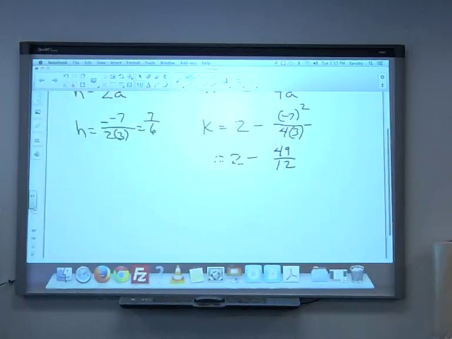Well, we have fractions, and everybody in here loves fractions, right? Those are my favorite. So in order to subtract that fraction, we need a common denominator, which in this case will be what? 12 is correct.